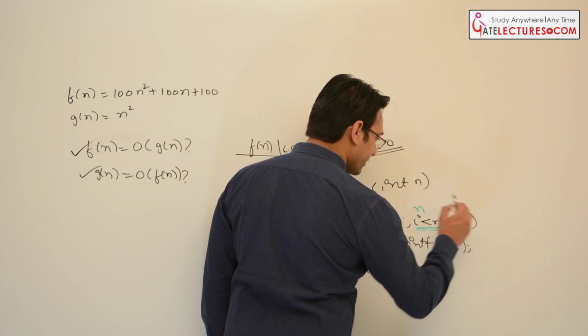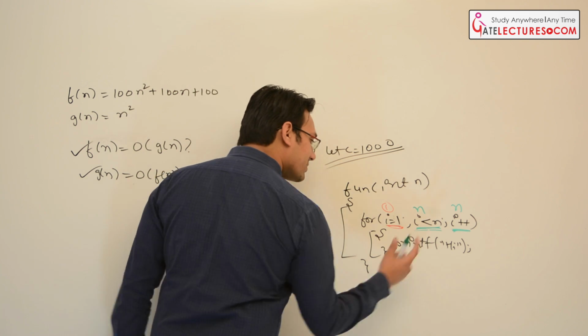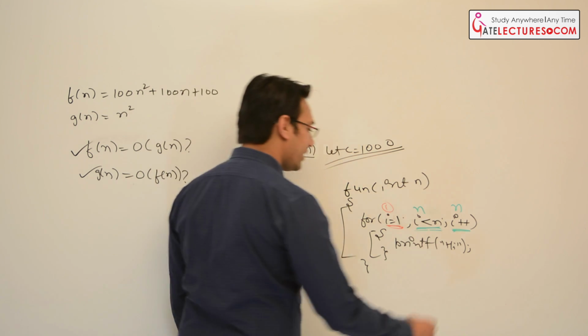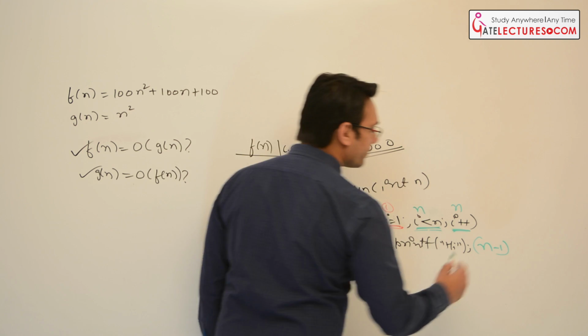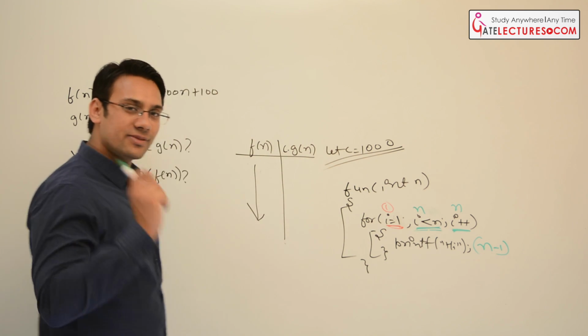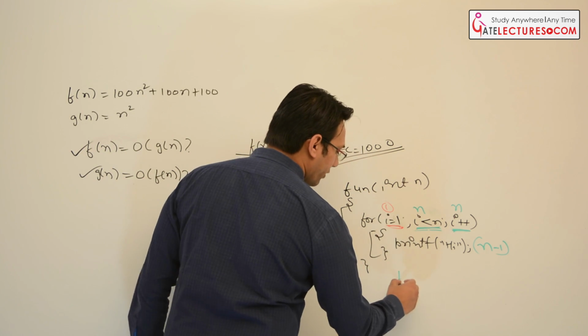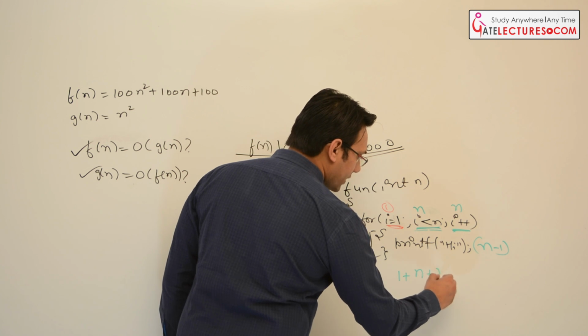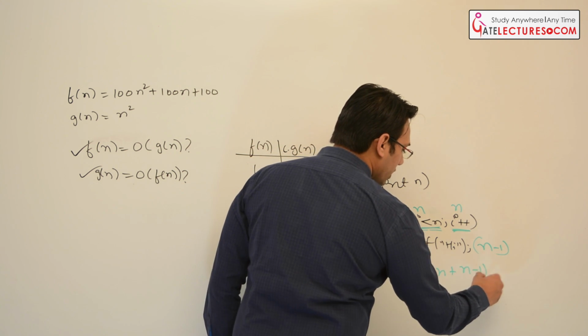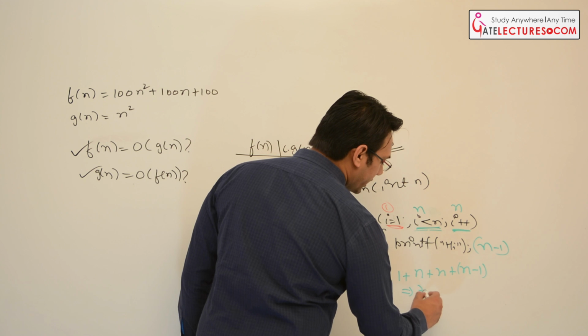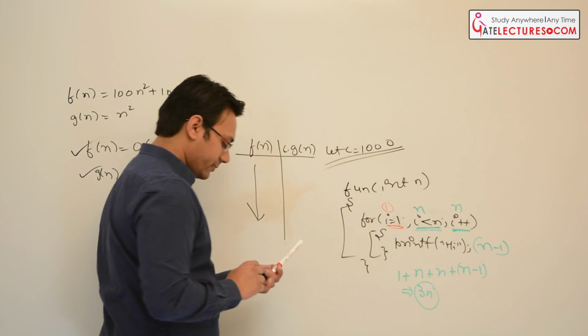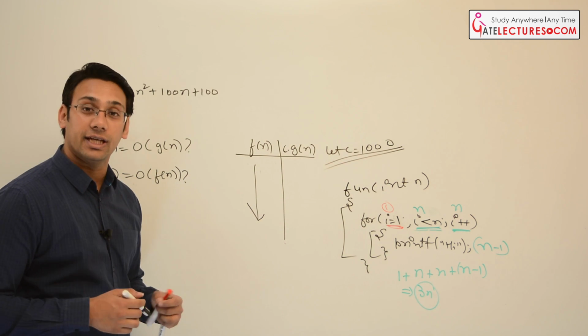Only n times. And this one, n minus 1 times. So in total, they are executed 1 plus n plus n plus n minus 1, which is basically equal to 3n statements being executed. How many? 3n.